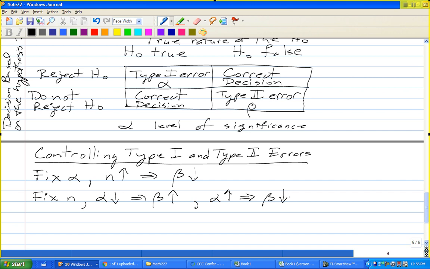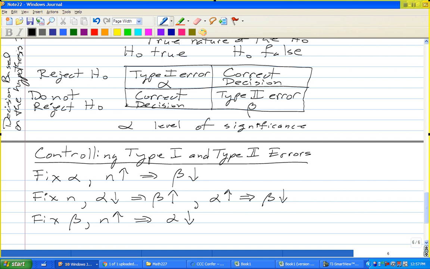Okay. If you fix beta, then increasing n will decrease alpha. Okay.